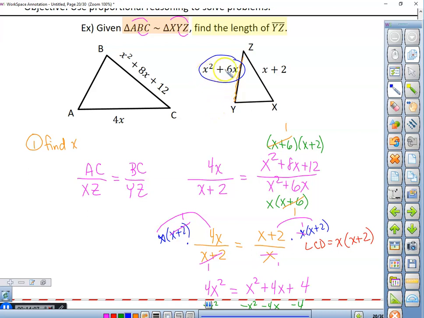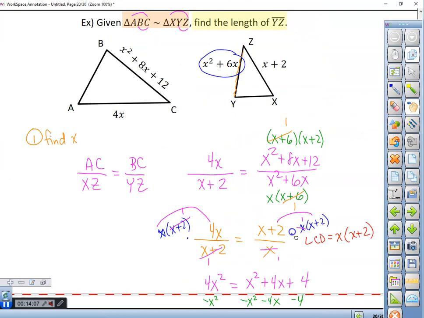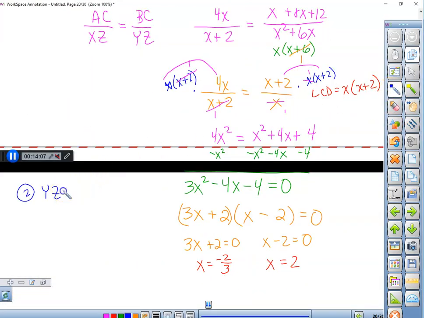So we do kind of have to check both. There are two possible lengths for YZ. So we take our x squared plus 6x. This is our YZ. That's what it was called, yes? Yes. And it is x squared plus 6x.